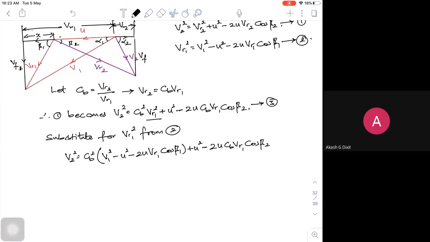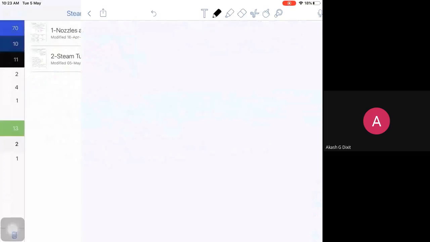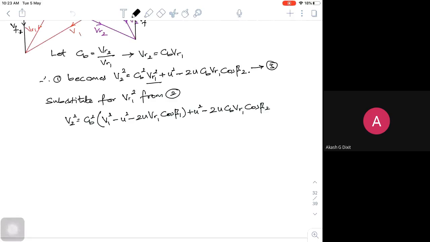Open the bracket and simplify this expression. So if I simplify this, what I am going to get is CB square into V1 square, then minus CB square into U square minus 2 into U into VR1 into cos beta 1, plus U square minus 2 into U into CB into VR1 into cos beta 2.